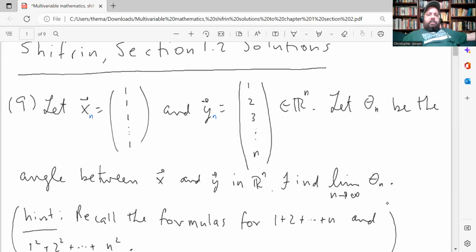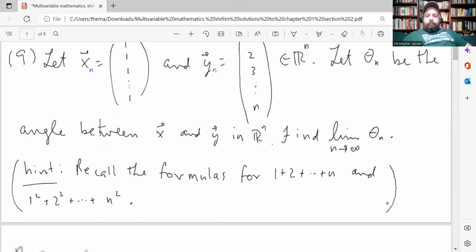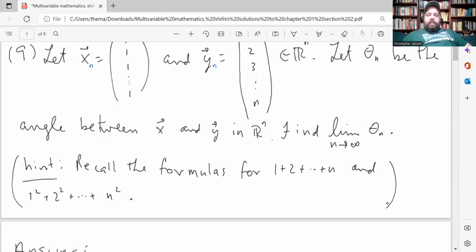We define x_n to be the vector in R^n where all the entries are 1. y_n is the vector in R^n where the first entry is 1, the second entry is 2, and so on, all the way up to the nth entry being equal to n. And then we define the angle theta_n to be the angle between those two vectors in R^n. He wants us to find the limit as n goes to infinity of theta_n.